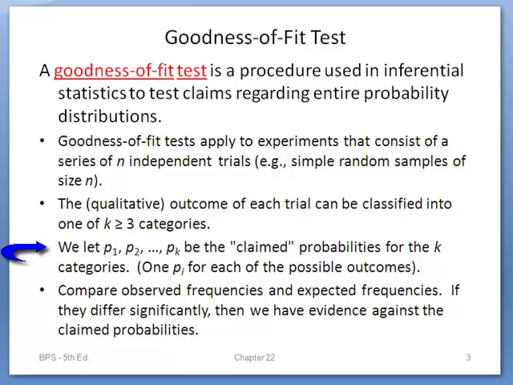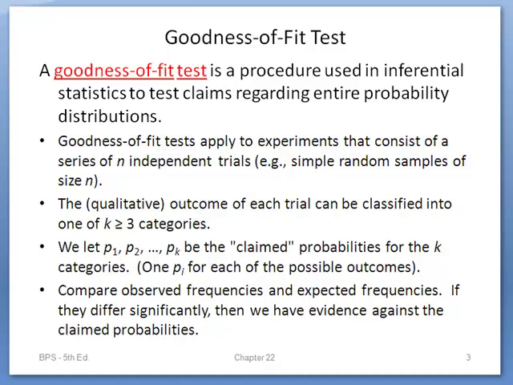So we let P1, P2, all the way up to Pk be the claimed probabilities for the k categories. Compare observed frequencies and expected frequencies.